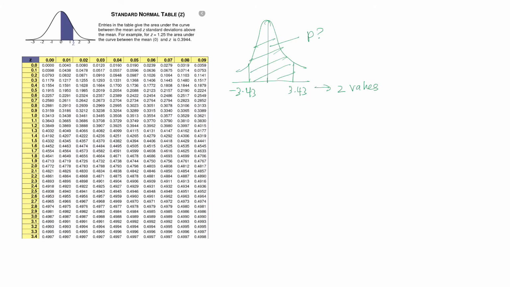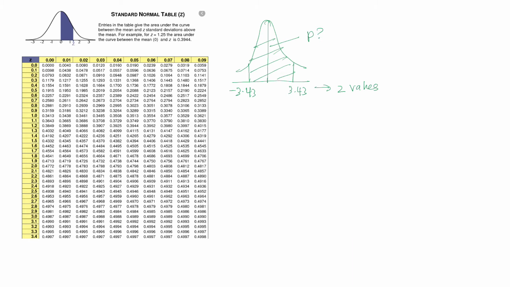Next, we have to find the area enclosed by z values from minus 3.43 to 3.43. Since we know that the z distribution is symmetric, we can just find the area of one side and later multiply the area by 2.